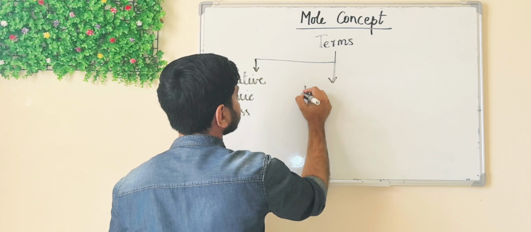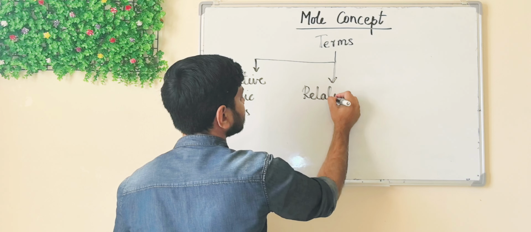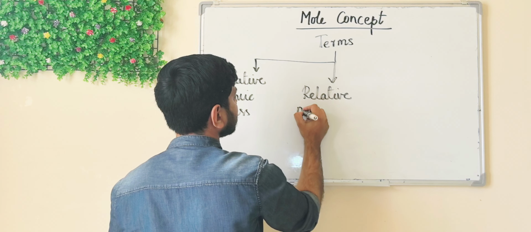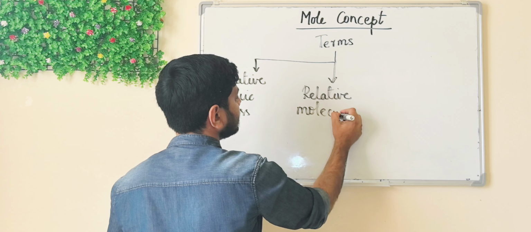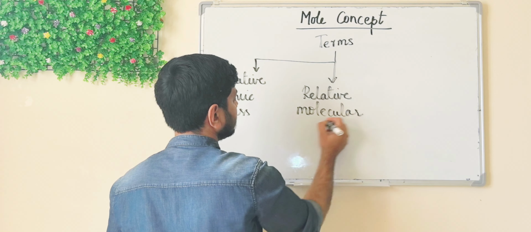The second one, relative molecular mass. And the last one is relative formula mass. I hope all of you are very much familiar with these words. So let me come to this.